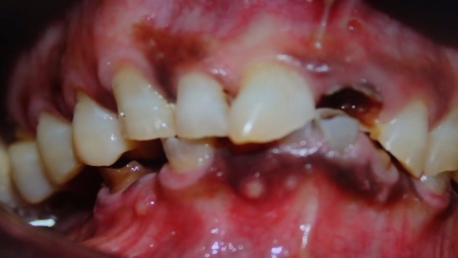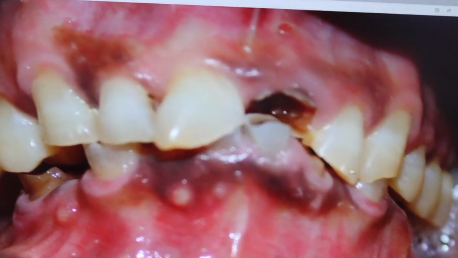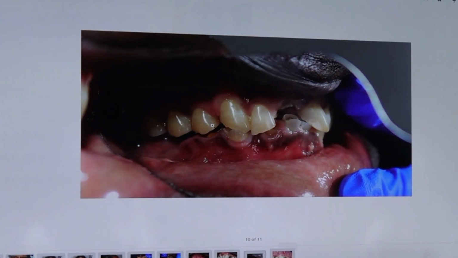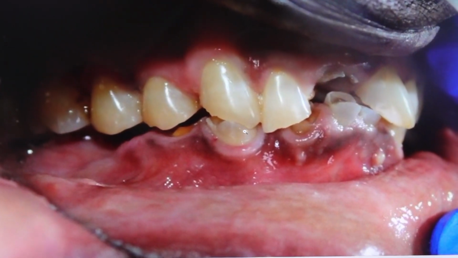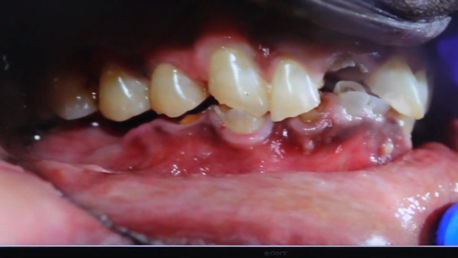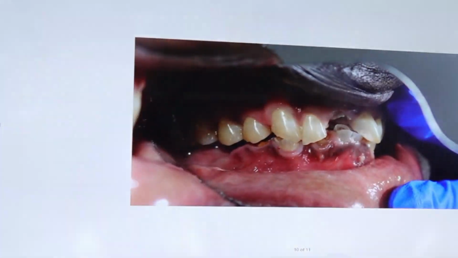You can see the canine has lost its normal contour. The incisors this side 2, 3. Okay, so this is the canine. See the amount of attrition. Very bad. Okay, so when we checked the vitality, the canines are not vital, right? Yes.